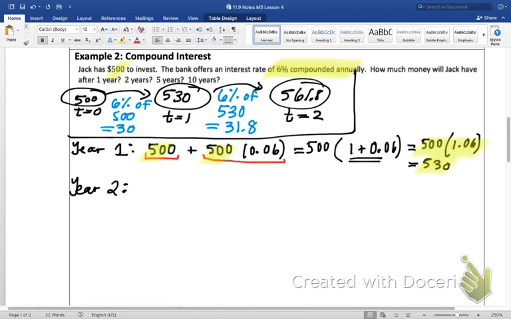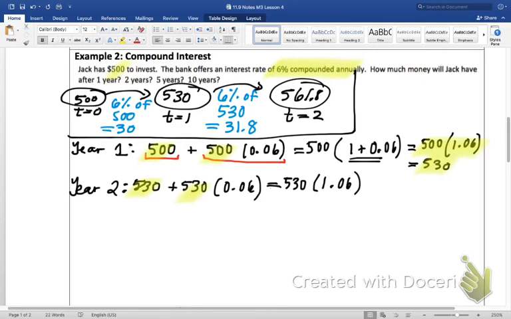And I'm going to show this in a few more steps by thinking, okay, well, what did we do? We really did 530 plus 530 times 0.06. That's that 6% of 530, and that's what we got with that 31.8. Now, again, I could rewrite this using distributive property and say this is the same as 530 times 1.06.